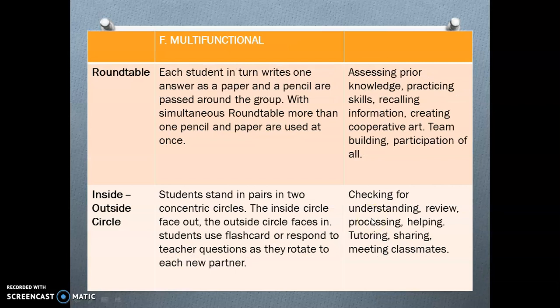Okay, so next is the round table. Each student in turn writes one answer as a paper and a pencil are passed around in the group. So this is specifically fun in terms of para siyang sa English, especially if storytelling. So let's say for example, sa isa ka table, mag-round sila, no? So tagani mo sila isa ka paper and ball pen. And this is student number 1, so he will write there, once upon a time there was a princess who had a golden ball.